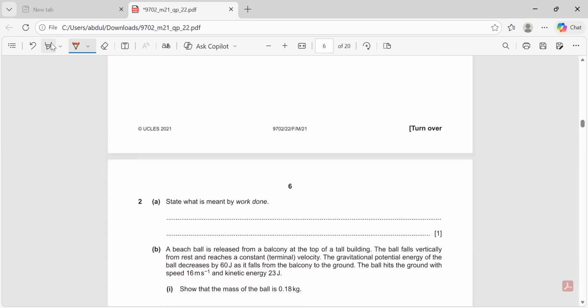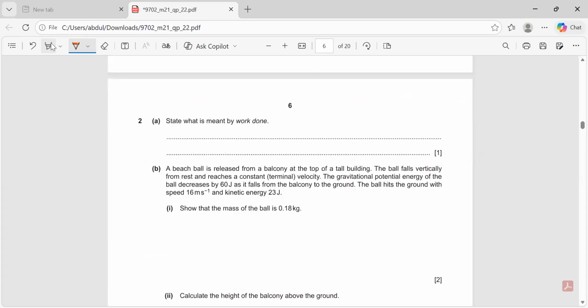Okay, let's move to the next question now. What is meant by work done? That's a simple, straightforward answer. Work done is basically, we know, if a force acts on a body and the body covers a distance in the direction of force, that is simply the definition of work done.